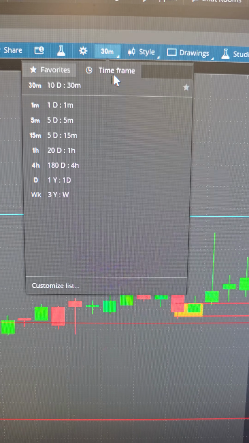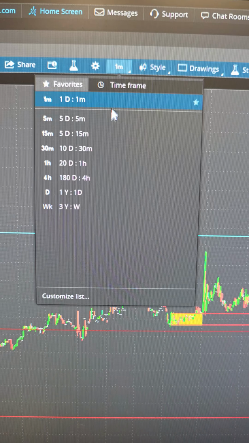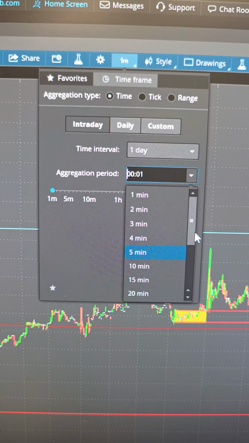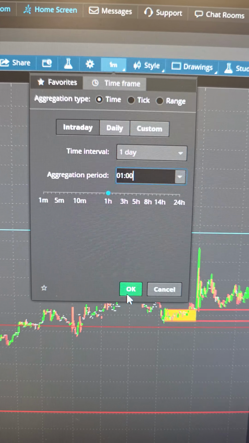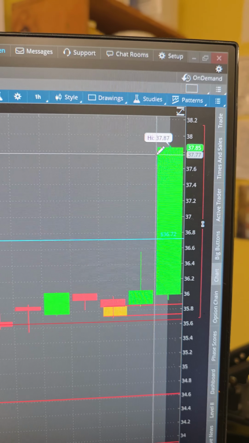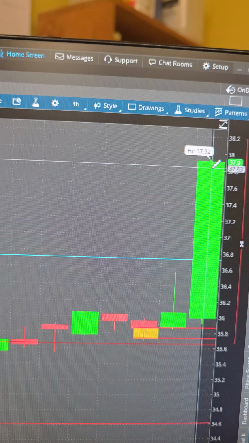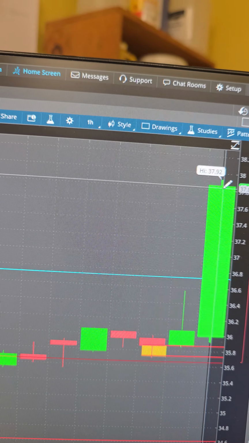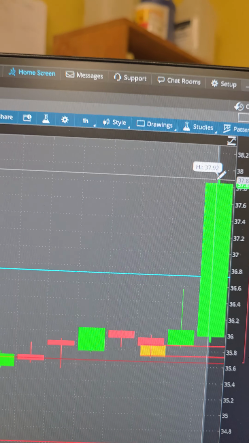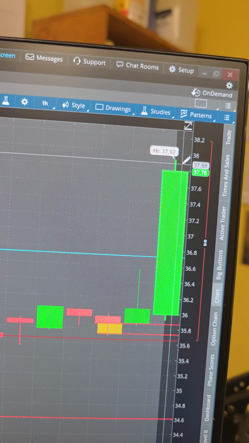So if we go on a 1 hour, right now, if I go to a 5-day, 1 hour time frame, this candle will close at 10:30. It's 9:47 now, and this candle will stay in existence for 1 hour after the market opens. So it will fully close at 10:30.